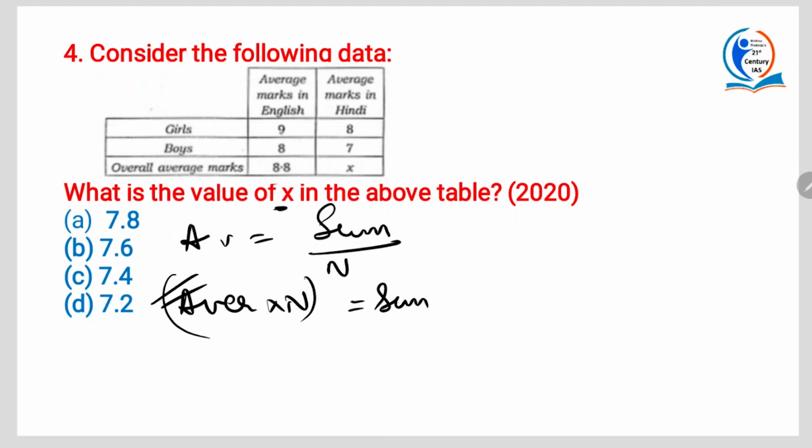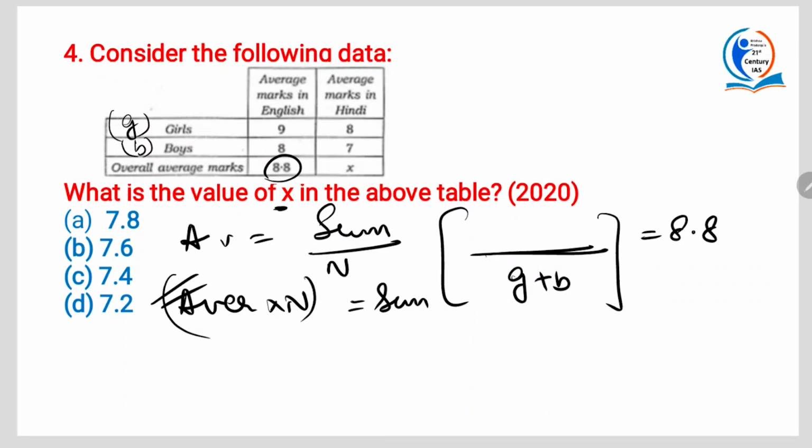Now, let the number of girls be G and number of boys be B. Now average marks in English is 8.8 overall average marks. And what will be the total number of girls and boys put together? You will get G plus B in the denominator. Now what will you get in numerator?